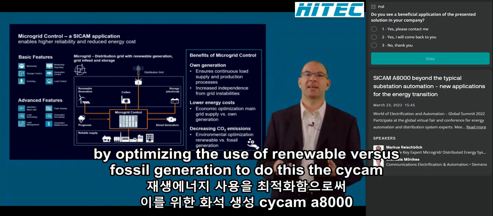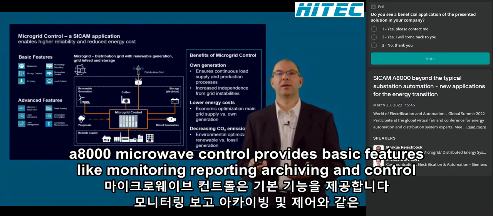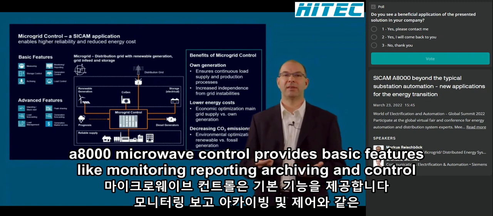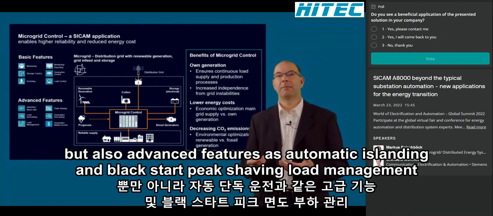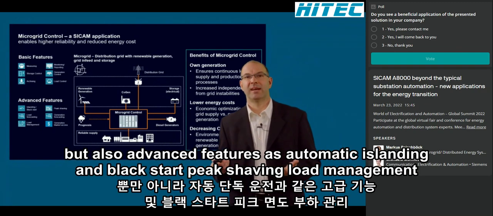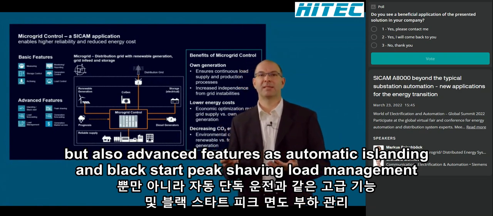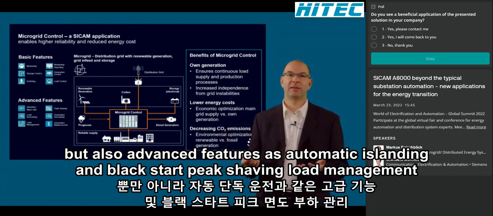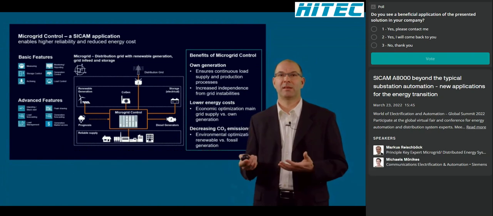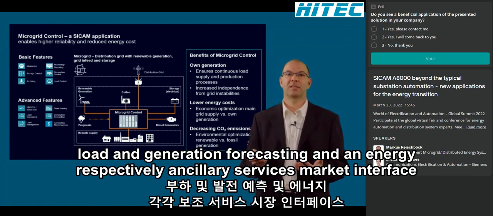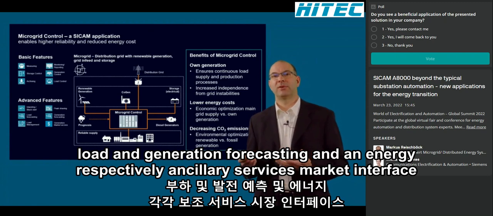To do this, the SICAM A8000 microgrid control provides basic features like monitoring, reporting, archiving, and control, but also advanced features such as automatic islanding and black start, peak shaving, load management, load and generation forecasting, and an energy, respectively, ancillary services market interface.